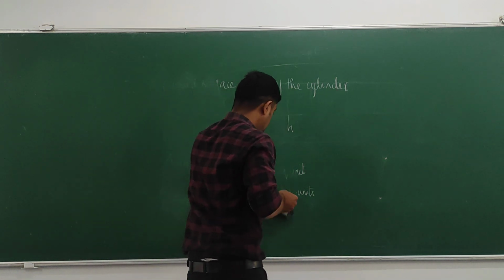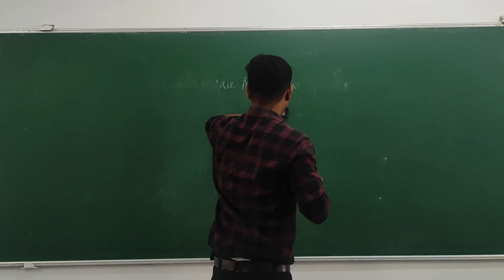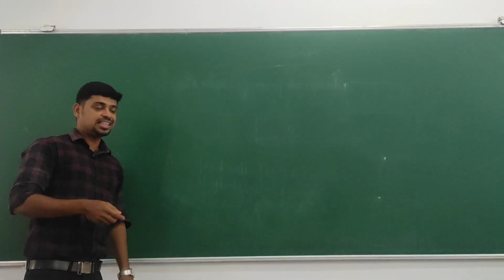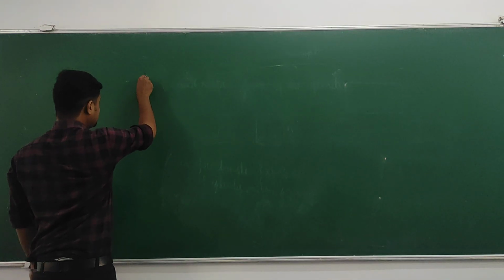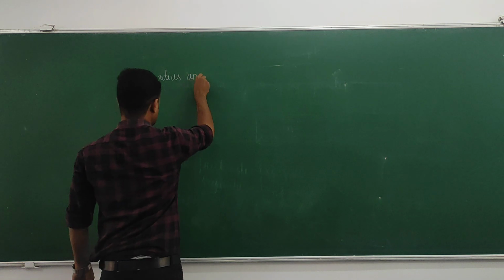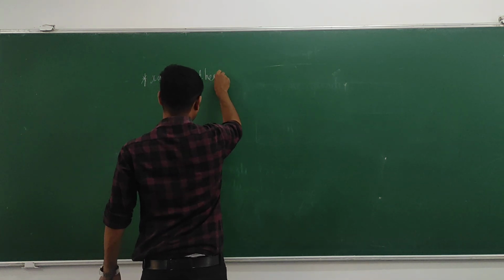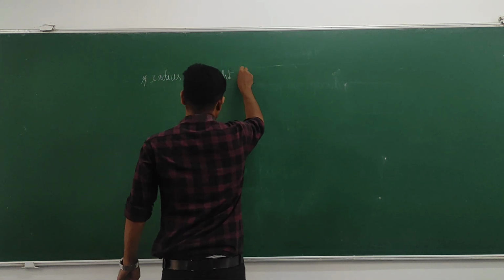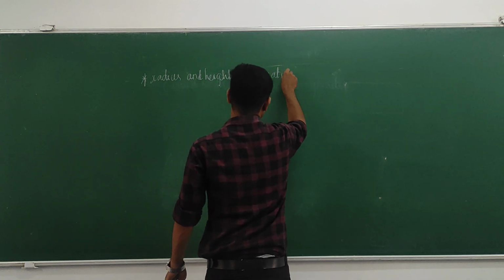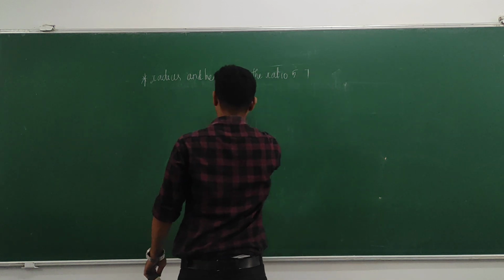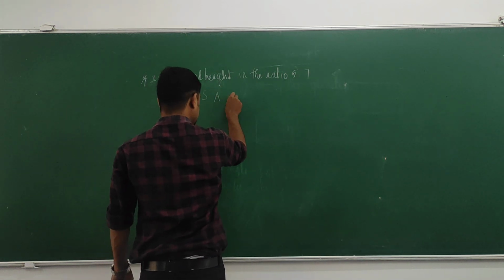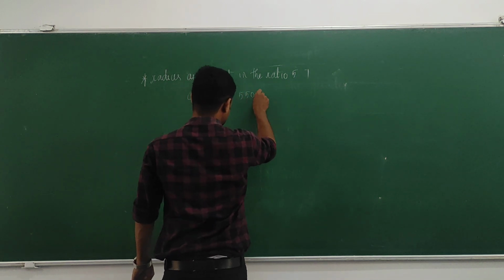Now we'll discuss one problem. Let me take that example problem. The question is, we have the radius and the height for that particular cylinder in the ratio of 5:7, and also we know that CSA of the cylinder is equal to 5,500 centimeter square.